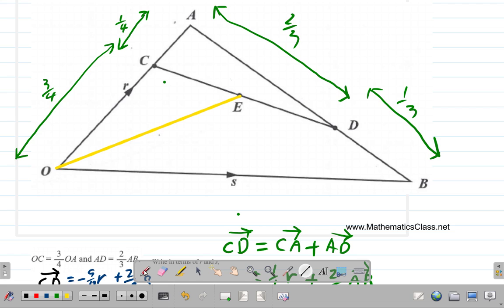Now you can see, so this would have been the resultant. But if you go from O to E, if you want to walk straight from O to E, that is the shortest route.